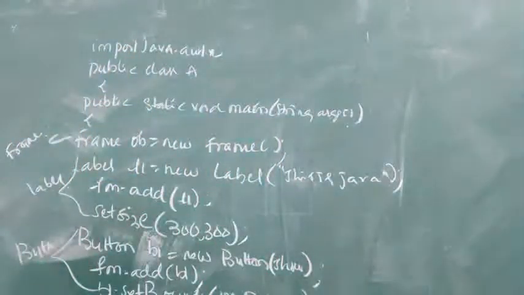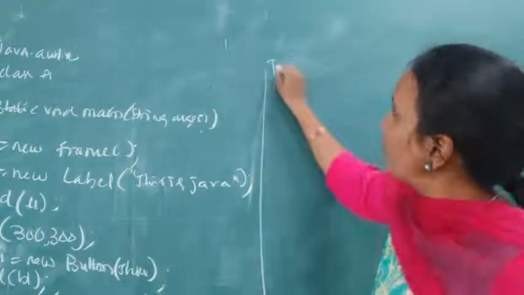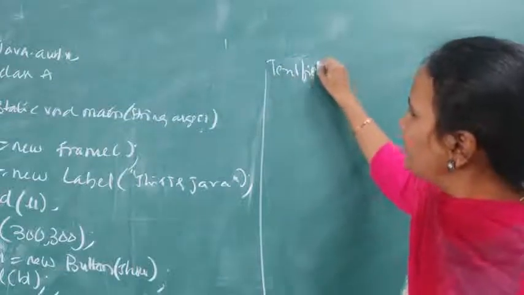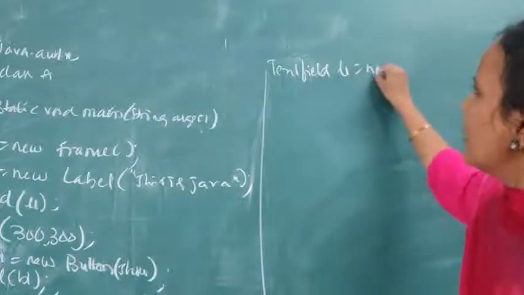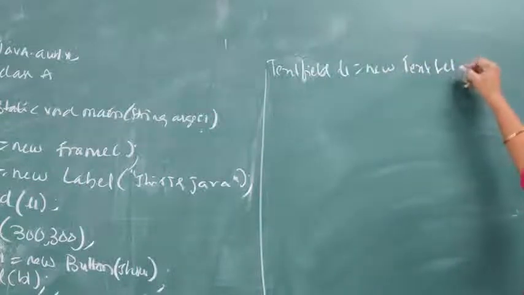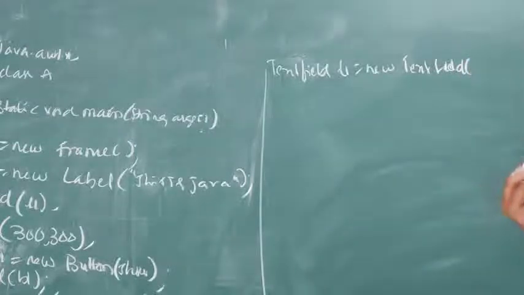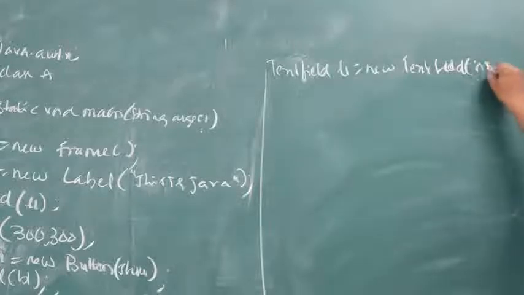In the same way, we'll add one more component, the text field. Again for the text field, TextField T1 = new TextField. Next, if you want, you can give the content to the text field. For example, I am giving ABC.